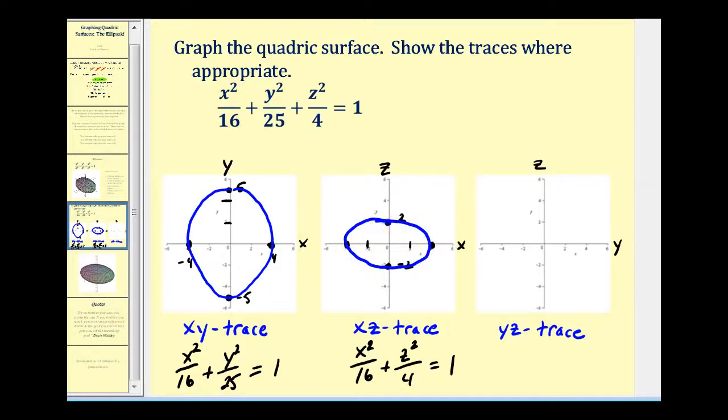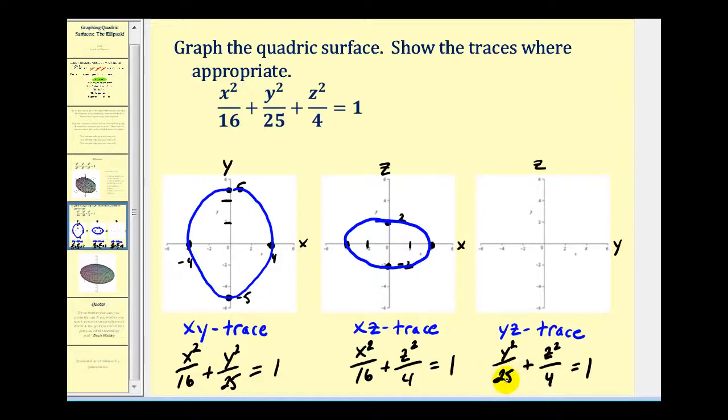And then lastly, to determine the yz trace, we'll set x equal to 0. So we'd have y squared over 25 plus z squared over 4 equals 1. Notice now we're calling the horizontal axis y and the vertical axis z.